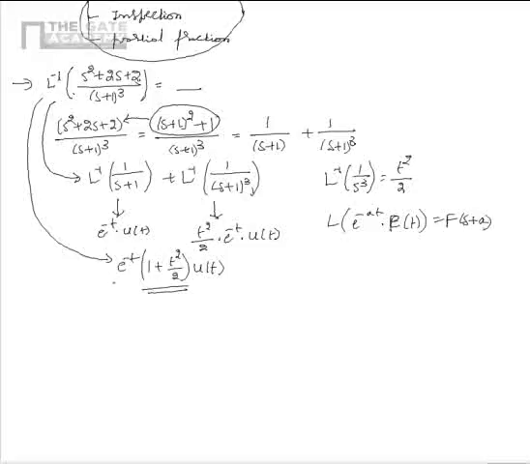Now let us solve another problem, as per which there is a signal f of t given as shown, where f of t is 1 from 0 to 2, and it is minus 2 from 2 to 4.